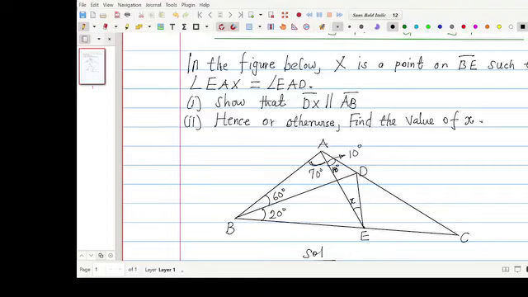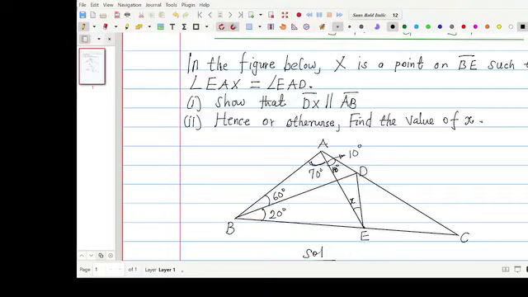Look at the order of my pronouncements. EAD. Can you see that? So the angle there is 10 degrees. So we are told that the angle EAX is equal to 10 degrees also. Now from this information, we are required to show that line DX is parallel to line AB.